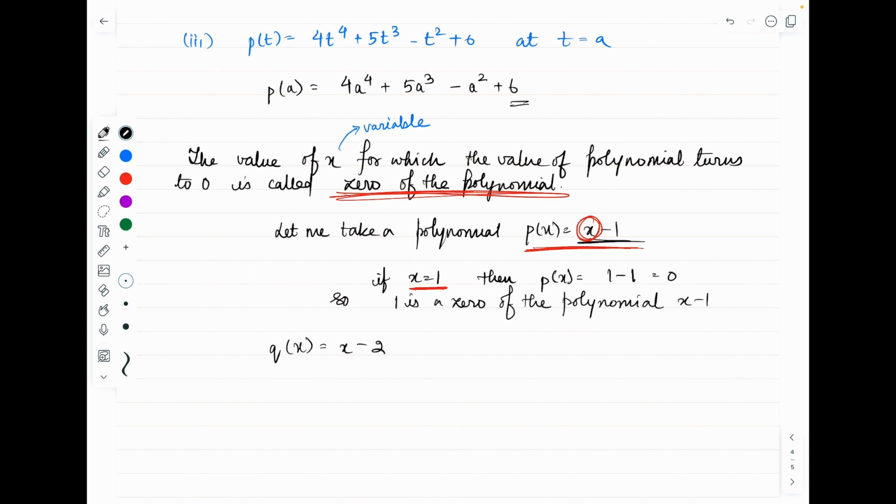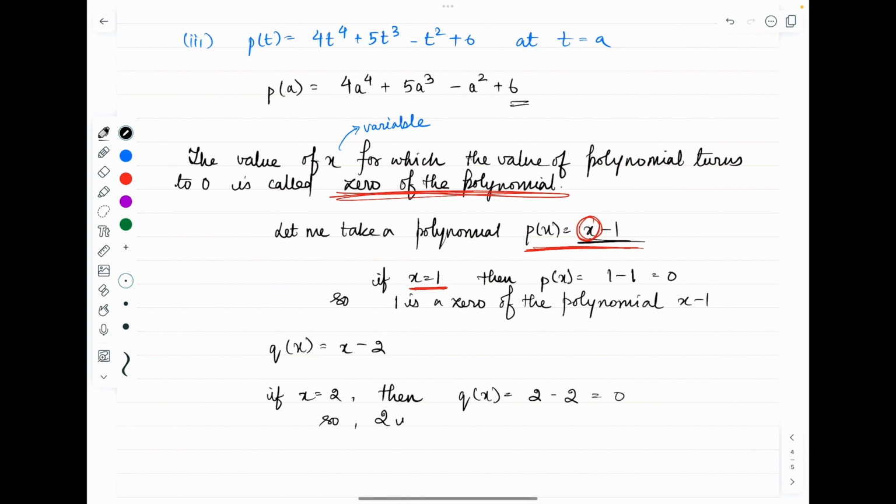What will be the zero? If x equals 2, then q of x equals what? Instead of x we are going to put 2. So q of x equals 2 minus 2 equals 0.